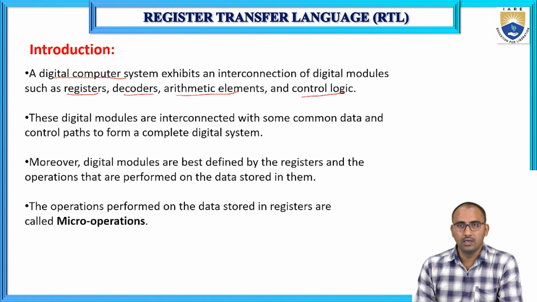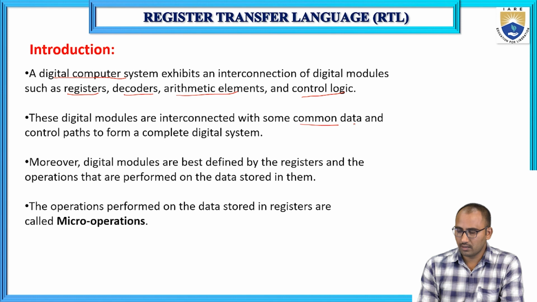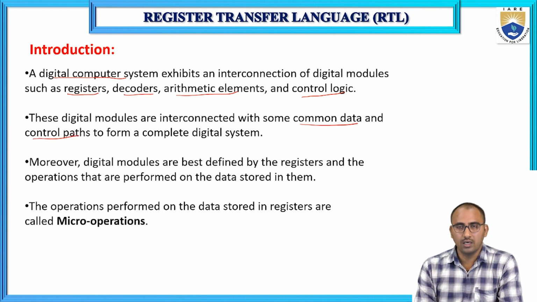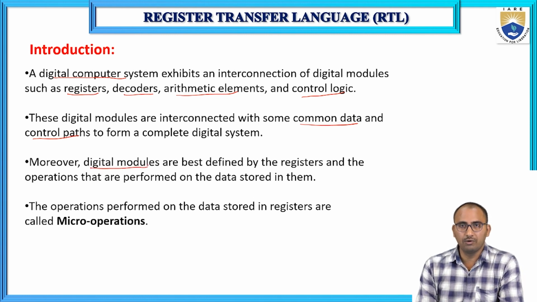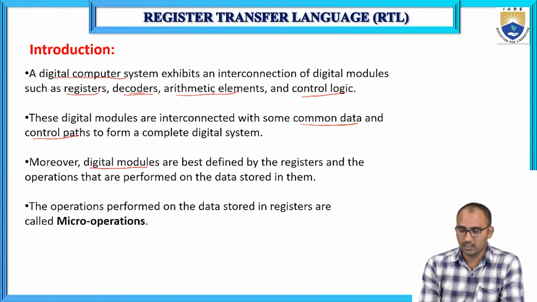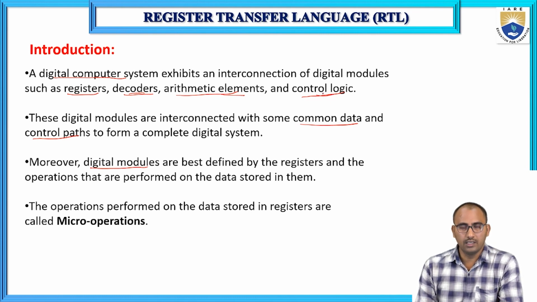So these are all the different digital modules, and all these different digital modules are interconnected using some common data and also using some common control paths to form a complete digital system. Moreover, we have already seen the digital modules like registers, decoders, arithmetic elements, control logic.